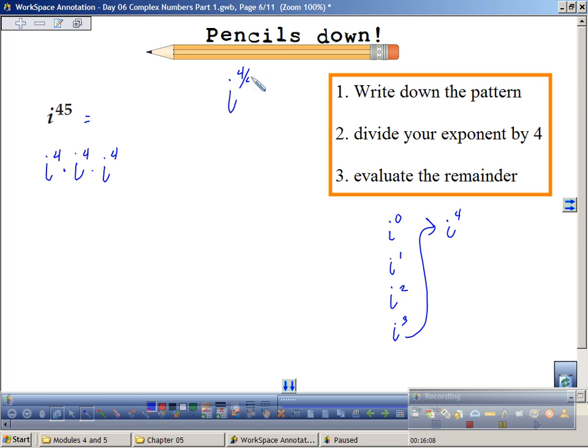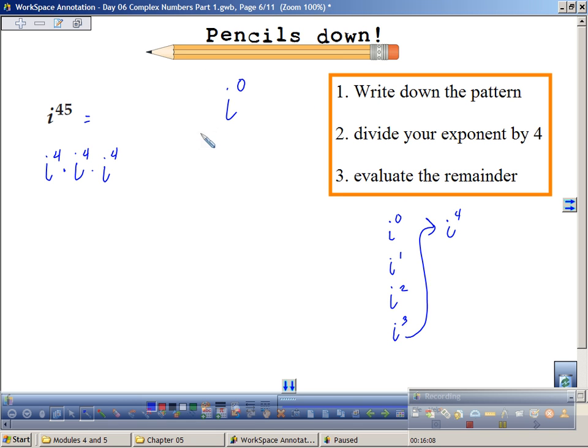4 divided by 4, I should say, how many 4s are in 4? Just the one, with how many left over? None? Does that make sense? i to the 0 is still 1.